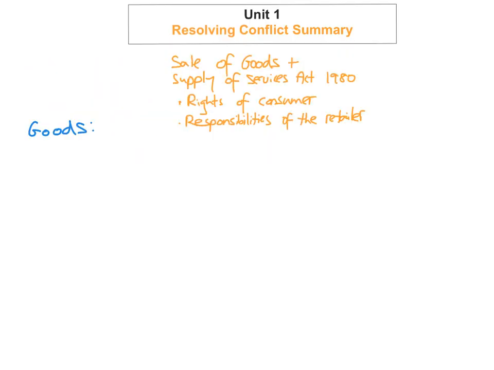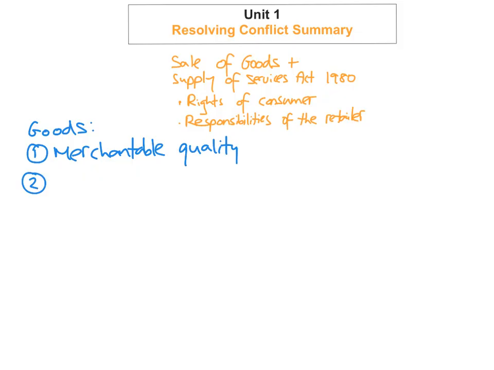There's a few things that this Act states, and when you're buying goods it states that it must be of merchantable quality. That just means of a quality that's worthy of sale.